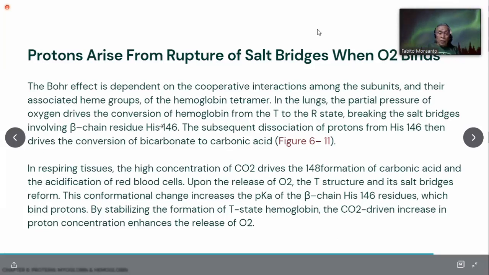In the lungs, the partial pressure of oxygen drives the conversion of hemoglobin from a tense or taut to a relaxed state, meaning oxygen has already been bound to the heme, breaking the salt bridges involving the beta chain residue histidine 146, and subsequent dissociation of protons from histidine 146 drives the conversion of bicarbonate to carbonic acid, figure 6.11.